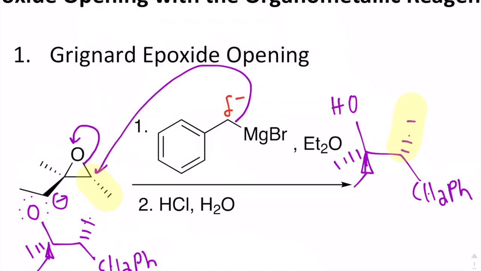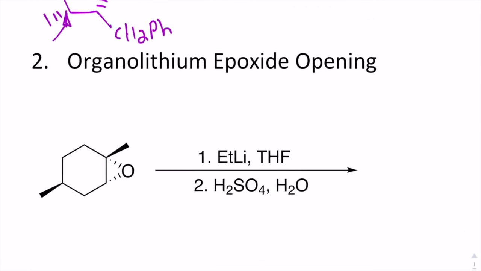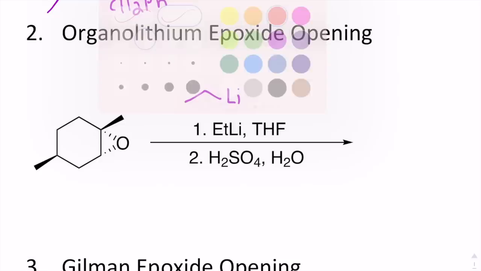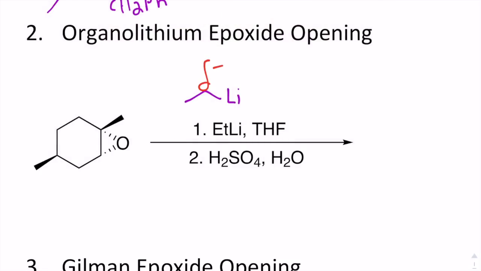So let's move on to organolithium epoxide opening. All these organometallics follow the same schematic, so it's pretty self-explanatory. So EtLi. EtLi is just an abbreviation for an ethyl lithium reagent, so it looks something like that. And that is going to attack, remember we said it was nucleophilically negative at that carbon, so it's going to attack the less sterically hindered side, which is right here.